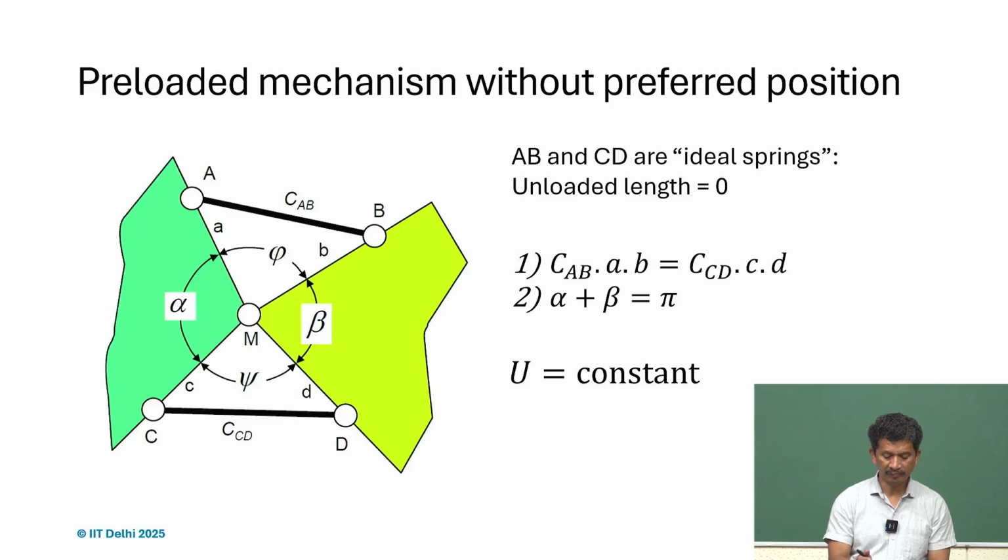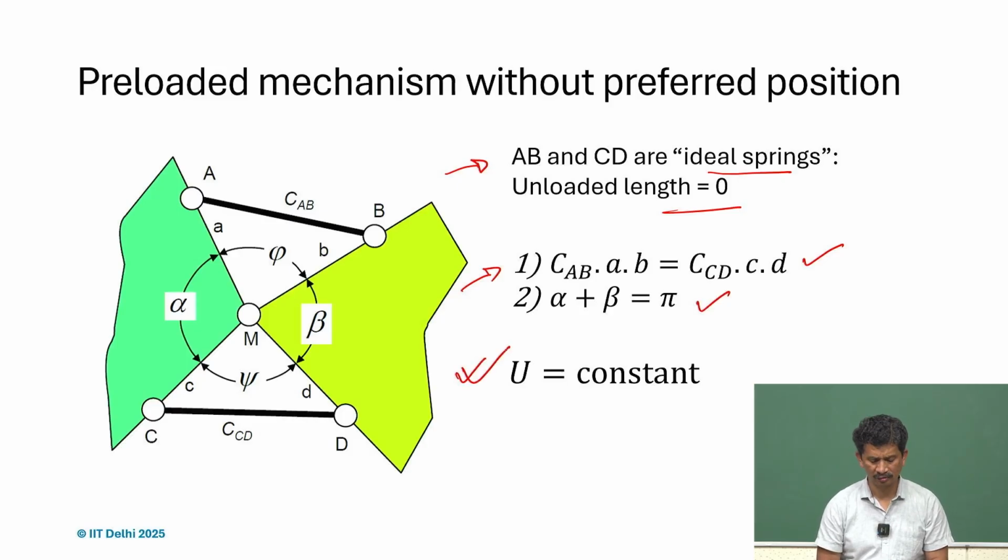What will happen in that case is written here. These are the assumptions: ideal springs with unloaded length 0. If we write the total potential energy and satisfy these two conditions, we find that the total potential energy will be constant. It will be in terms of C A B, A square plus B square, all constant terms only in the bracket.